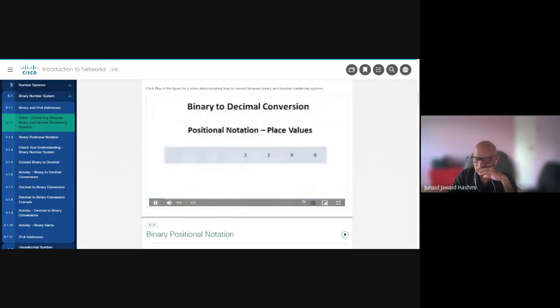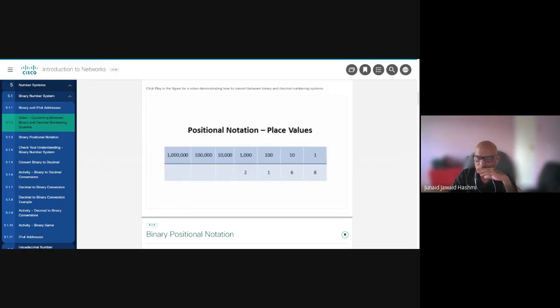But before I do this, I want to take a look at positional notation, or place values. I have the number 2168 here. If we look at the place values of the number 2168, we can see the ones place, the tens place, the hundreds place, the thousands place, 10,000, 100,000, and million.